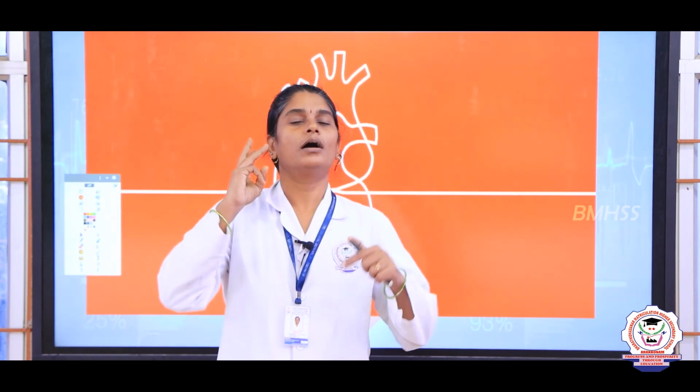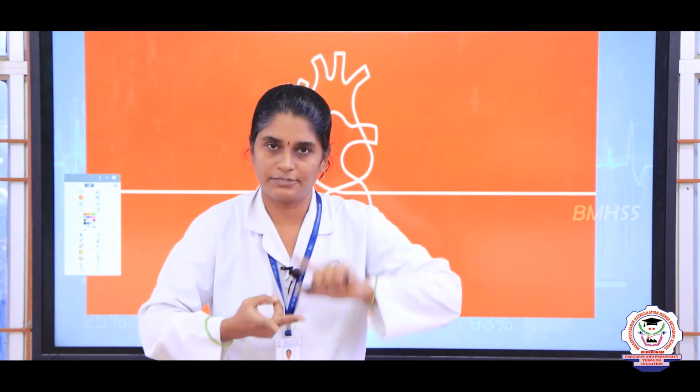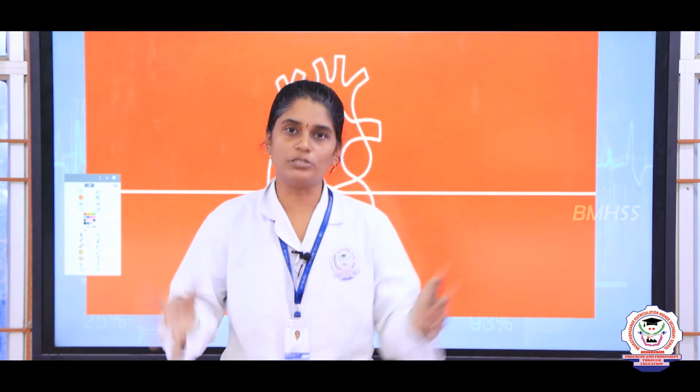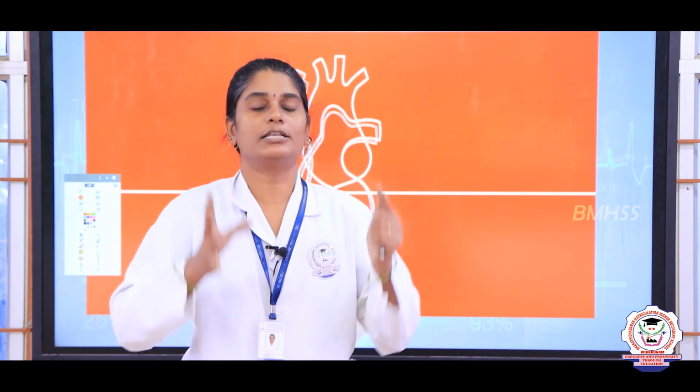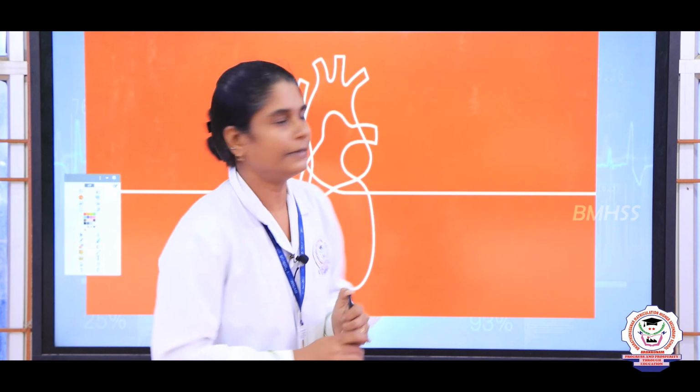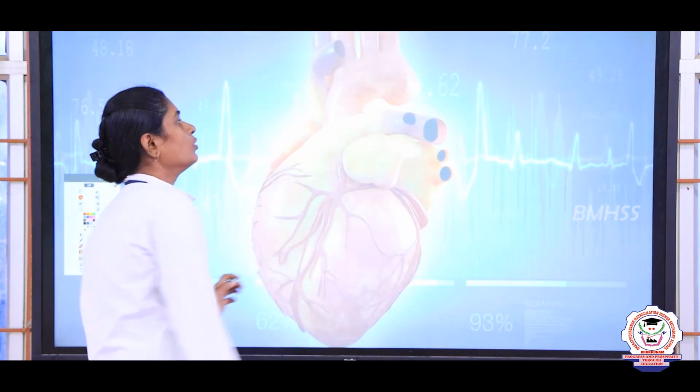And also you learnt how to keep our heart healthy. By doing 2 things, first is physical activities, and the next is good food. Once you follow very good foods, you can keep your heart as well as your circulatory system healthy, right.